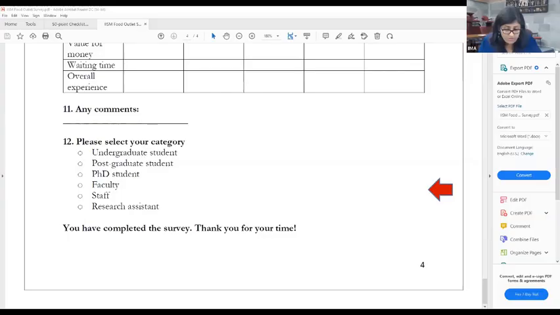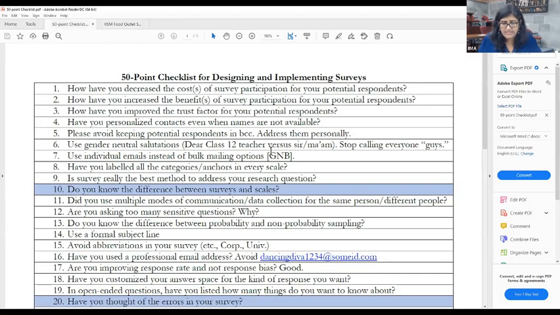This is a 50-point checklist that I've shared on chat, and I'll go back and share my screen once again. I will not go through the checklist because you already have it, but these are the different things that I have spoken about today. I love giving out those checklists.